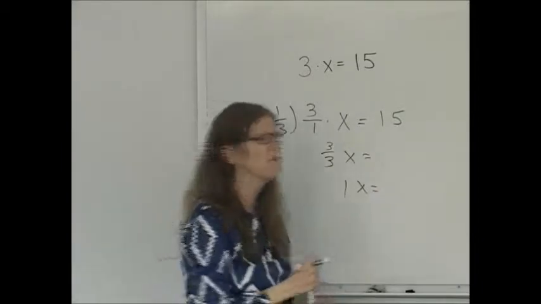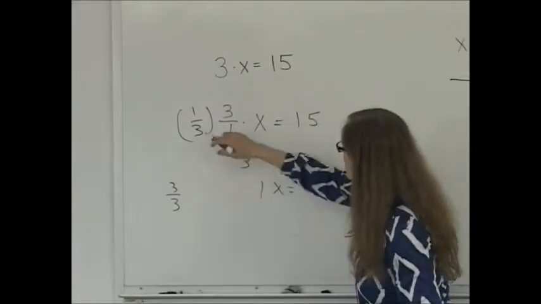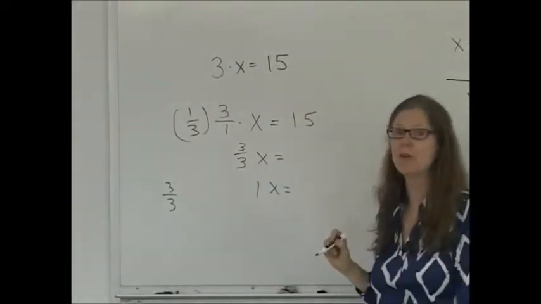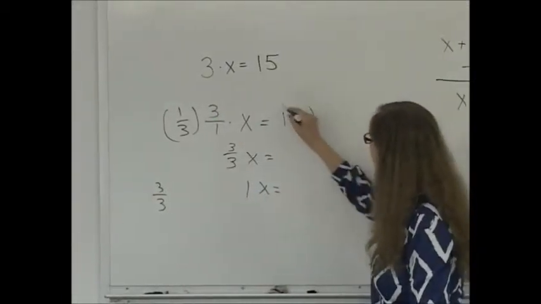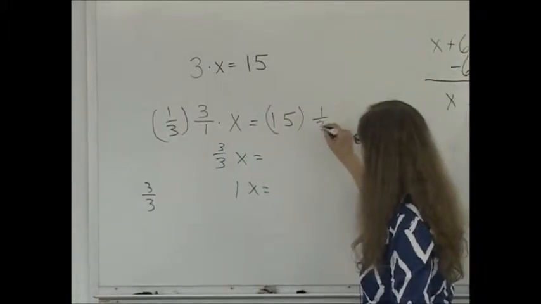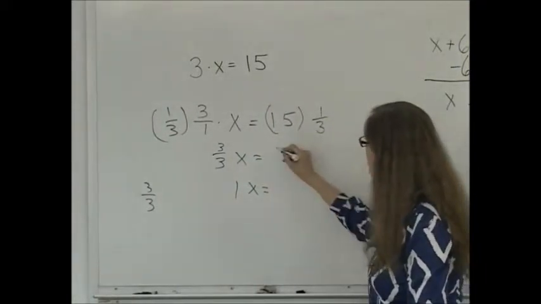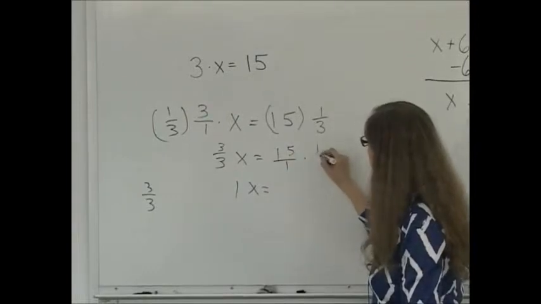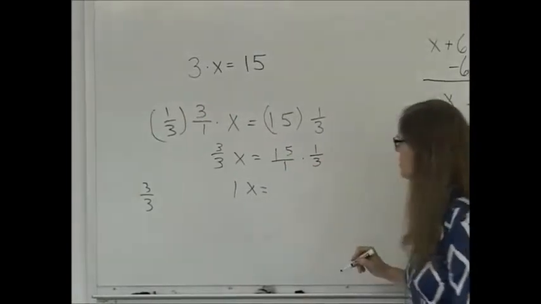What happens on the other side? I took my original equation and multiplied by 1/3. So I've got to take the other side and multiply by 1/3. So I'm going to write 15 as 15 over 1 times 1 over 3.